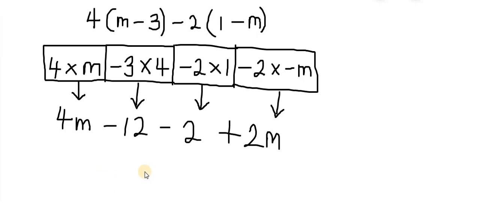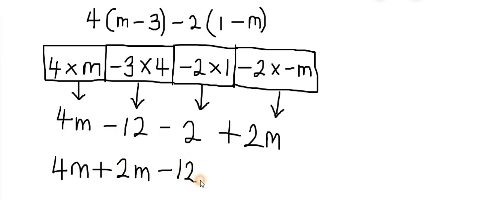Okay, now we collect like terms. So 4m and 2m are alike, so I put them together, and then just numbers are alike. Minus 12, minus 2. When I complete that, 4m plus 2m, that's 6m, minus 12 minus 2, depending on however you choose to do that.